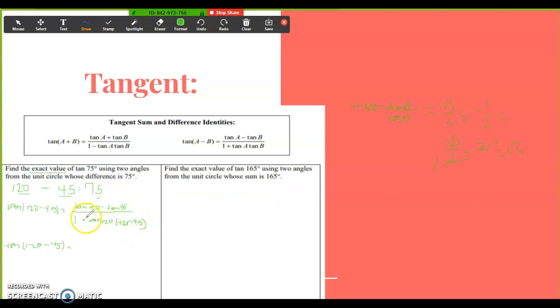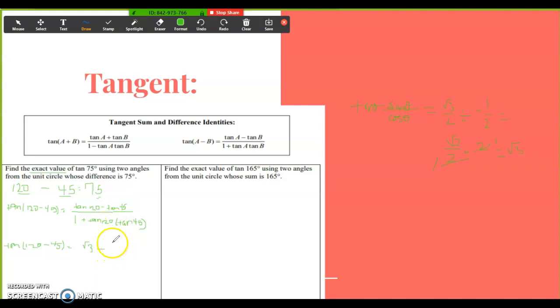All right. So that's what I'm going to be plugging in. So I have the tangent of 120, or radical 3, minus the tangent of 45. Well, remember, that's the radical 2 over 2, radical 2 over 2 point. So if I divide those sine and cosine values to find the tangent, it's going to be a 1 because they're the same.